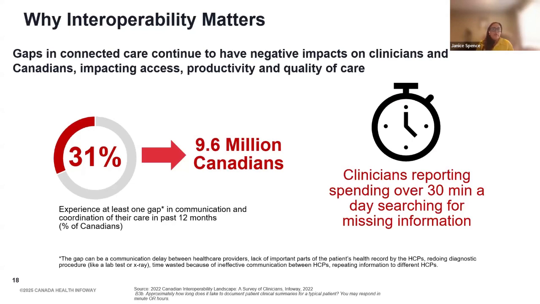So in this example, it was a survey of clinicians who determined that a lack of integrated care systems results in missing information, which impacts level of care received and ultimately patient safety. So we're looking at figures like over 9 million Canadians experiencing at least one gap in communication which affected their care. Clinicians reporting spending over 30 minutes a day searching for that missing information. So a direct hit to productivity and ultimately patient care here.